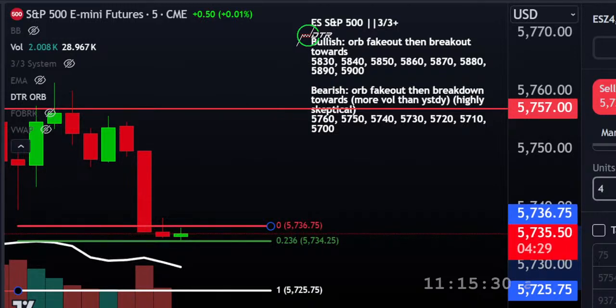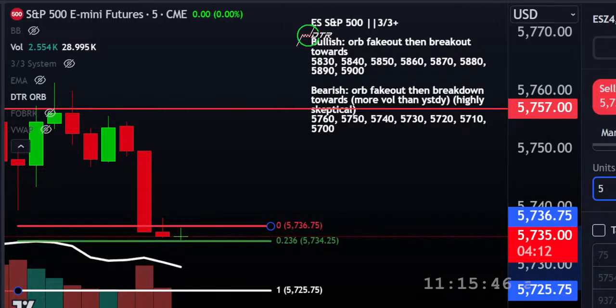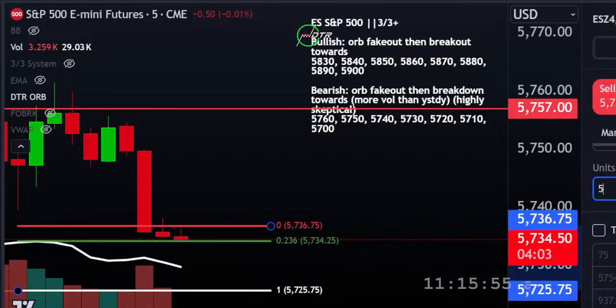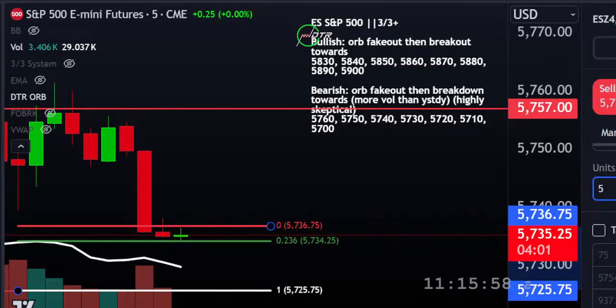So stop loss now 36.75. So good rejections, but they're not going far.